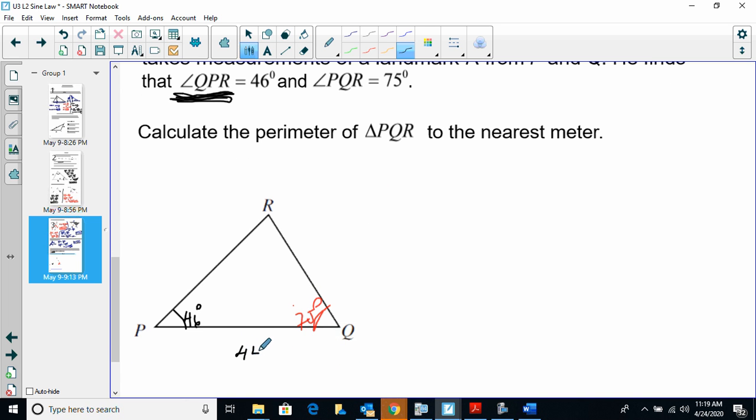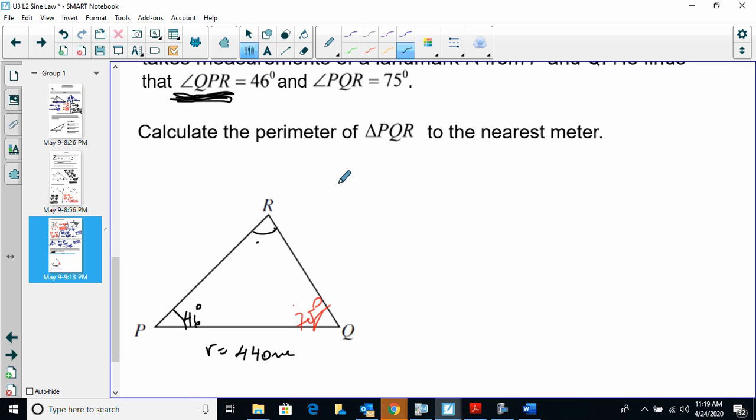But PQ is the opposite of angle R. So this is lowercase r, which we don't know the angle as of now, but we can figure it out because the sum of inside angles in a triangle is equal to 180.